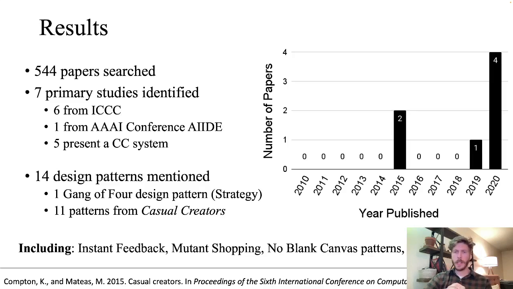So as far as our results, out of the 544 papers searched, only 7 primary studies were identified, most of which come from ICCC, but the snowballing search did yield a paper from a AAAI affiliated conference on artificial intelligence and interactive digital entertainment. 14 unique design patterns were mentioned in these papers, including one more traditional Gang of Four design pattern, the strategy design pattern, and most of the design patterns come from Compton and Mateas's paper titled Casual Creators, all of which we classify as user interaction design patterns.